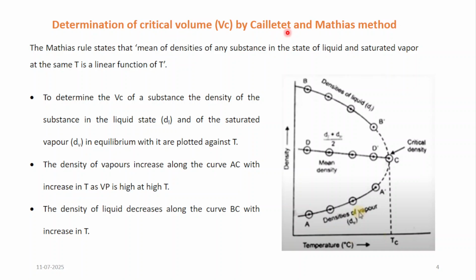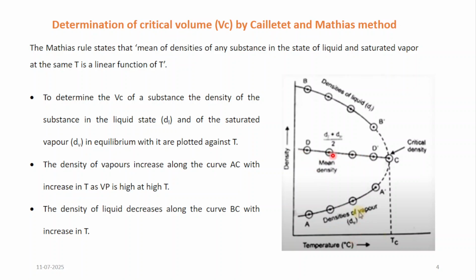using the Cailletet and Mathias method. It follows this Mathias rule, which states that the mean of densities of any substance in the state of liquid and saturated vapor at the same temperature t is a linear function of t. Okay, if you see it here, the mean of densities of any substance, here this is the mean densities which is plotted against the temperature, is a linear function of temperature.